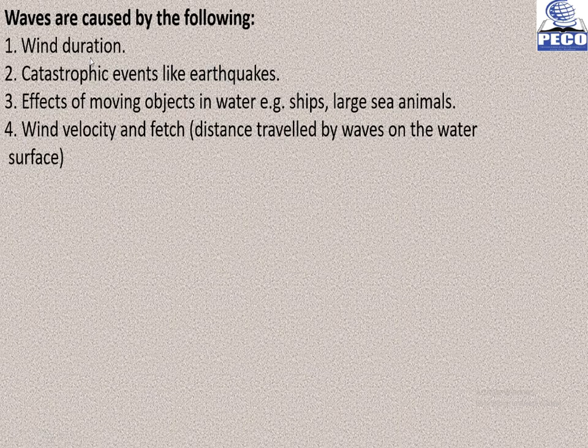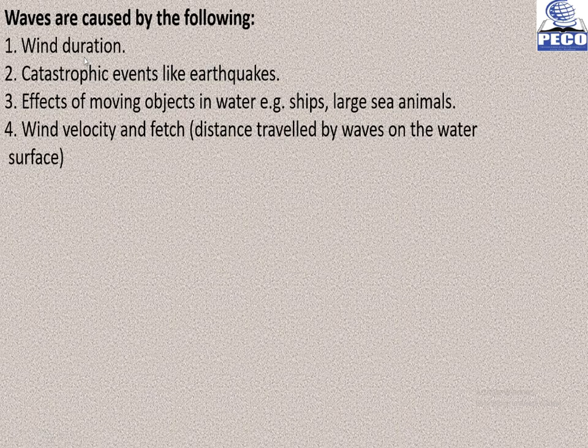Wind duration refers to the period wind keeps blowing over water. So we have low duration, or a wind taking a shorter time blowing over the water. Then we have instances where wind duration is very high. It takes a longer time blowing over the water.